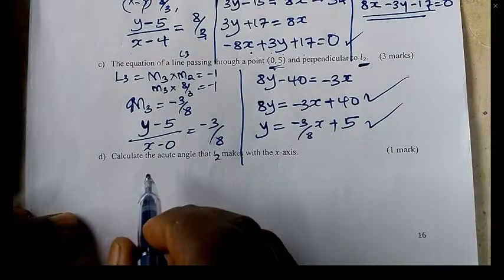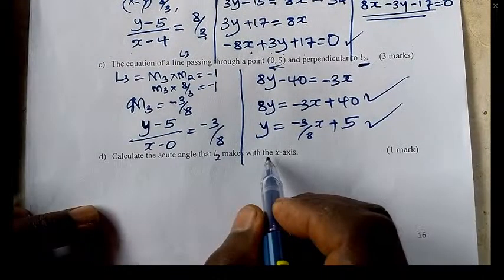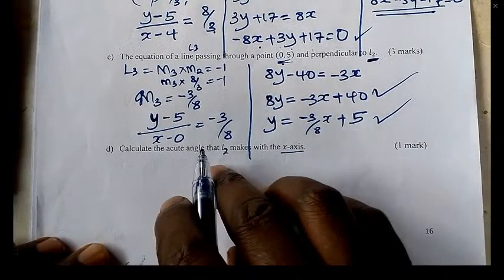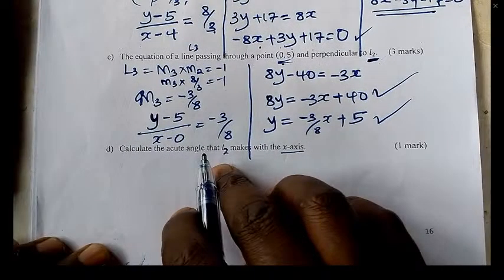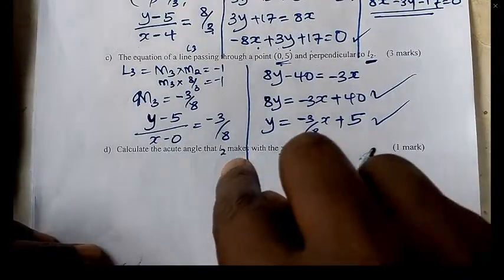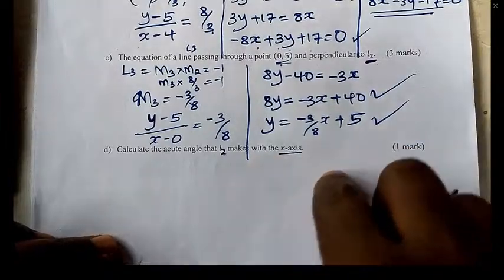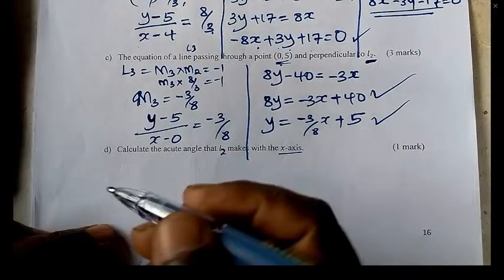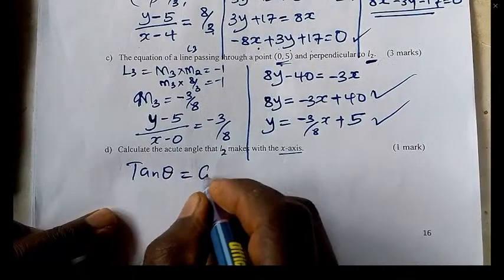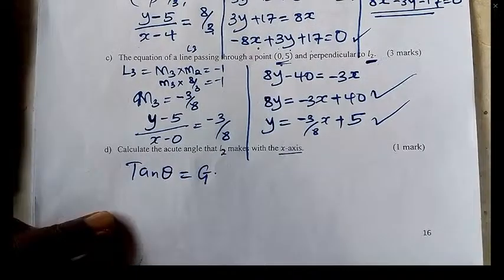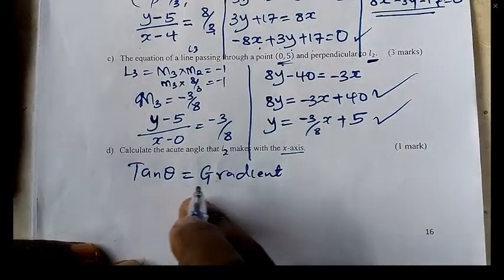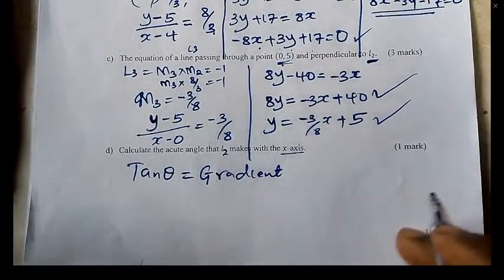Calculate the acute angle that L2 makes with the x-axis. Anytime you are asked to calculate the acute angle of a line, get the gradient of that line. Once you get the gradient, you should know that tan theta is equal to the gradient of that line, whichever line you are given.